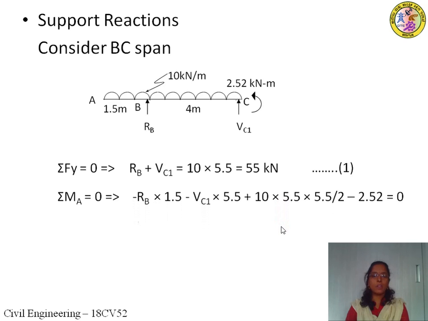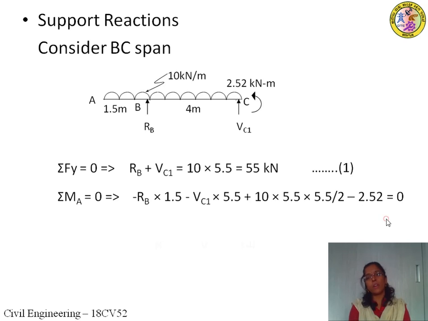So that implies minus Rb, so this Rb is inducing anticlockwise moment about A. So minus Rb into 1.5 and then minus Vc1, so it is also inducing anticlockwise moment about A. So minus Vc1 into 5.5 plus 10 into 5.5 into 5.5 divided by 2 and then this anticlockwise moment of minus 2.52.